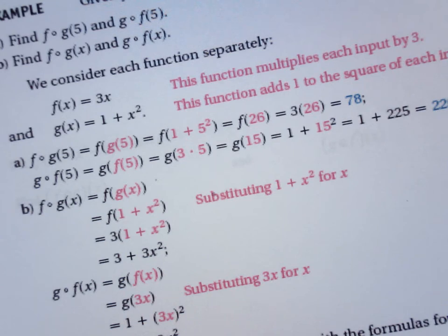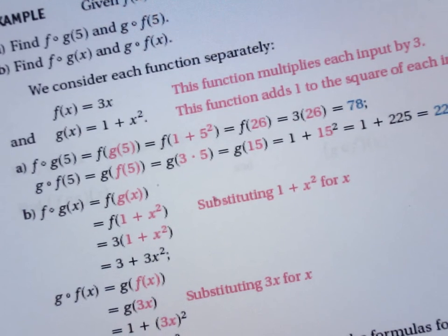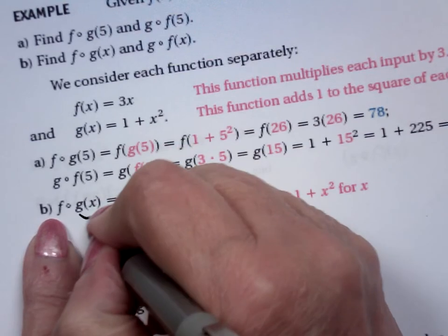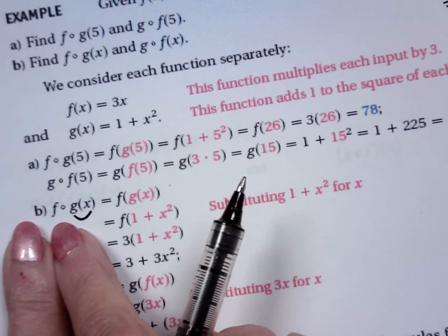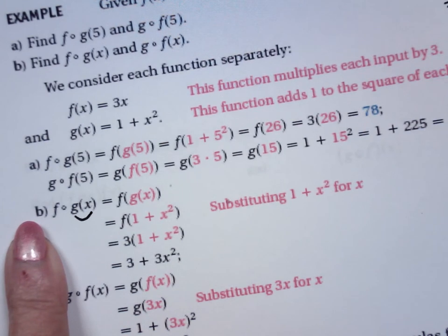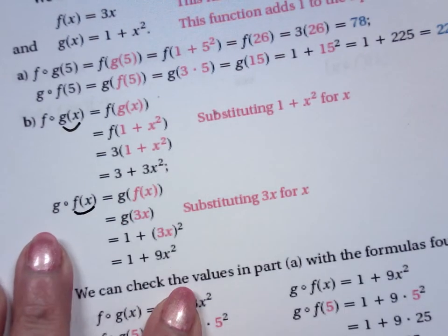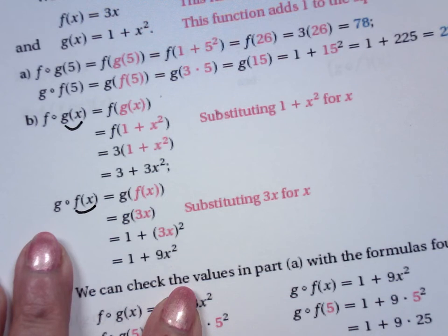If you are the stuffee, that thing is being stuffed in. You're the inside function. You're going to be on the inside, and the turkey is on the outside. So when I look at fog, f of g of x, g is the stuffing, f is the turkey. What's closest to the x is the stuffing, what's furthest is the turkey. And when I look at Goff, who's closest? f. He is the stuffing, and now g is the turkey.